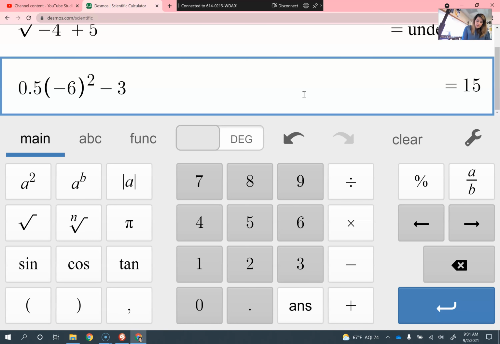Now when I want to plug in my negative 4, Desmos makes this really quick because all I have to do is highlight that negative 6, or just the 6, and change it to a 4. So at negative 4, my y value is 5. So I have (-4, 5), and I can put that point down.